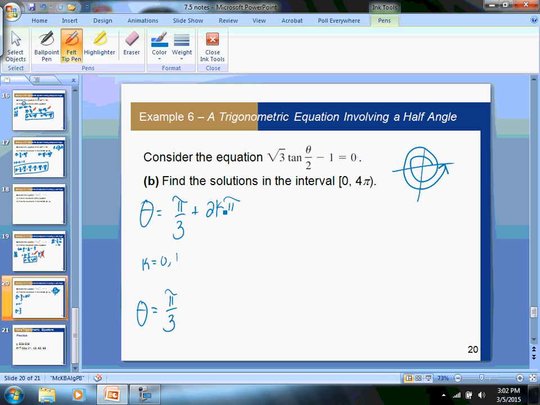And 2 pi plus pi over 3 would be 7 pi over 3. And if I made a k value of 2, 2 times 2 would be 4 pi, plus a third would go past this 4 pi limit that I would have. Okay, so these are my only two answers for k values of 0 and 1.